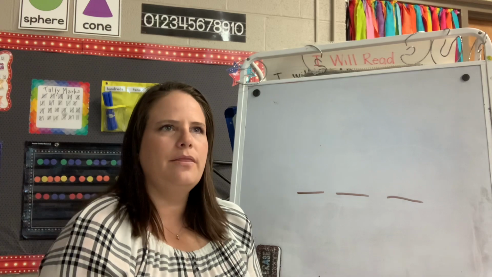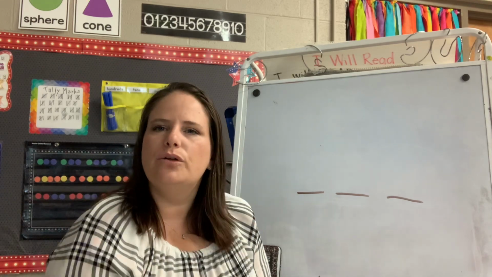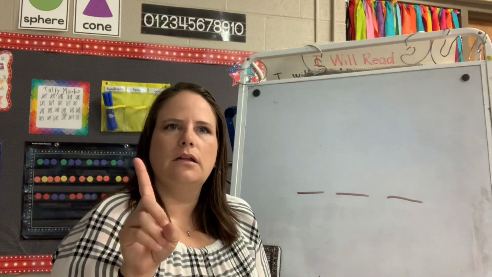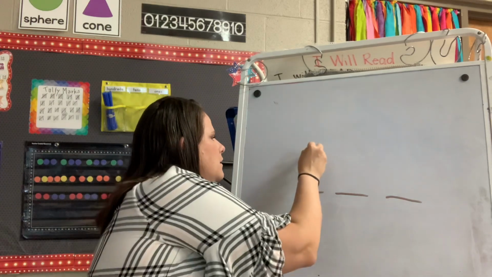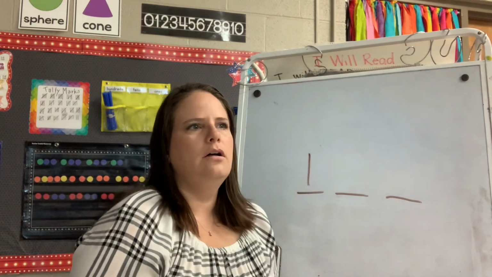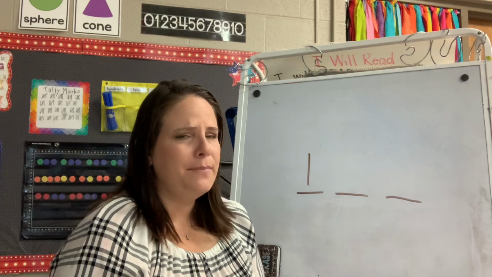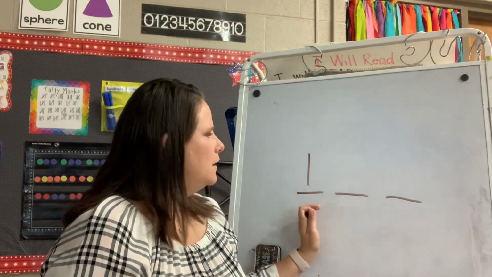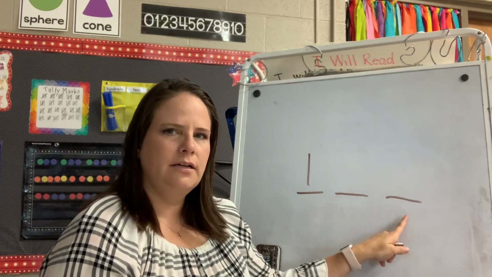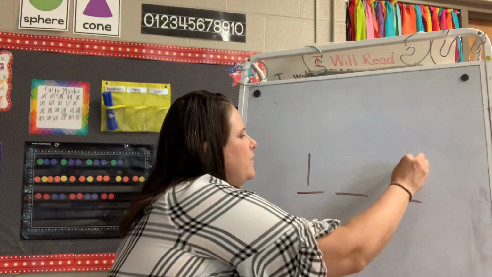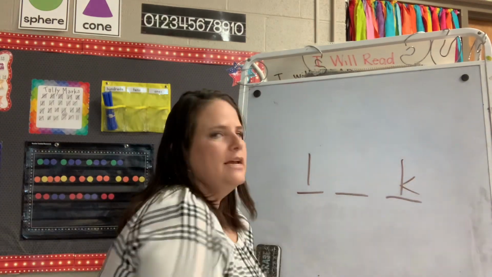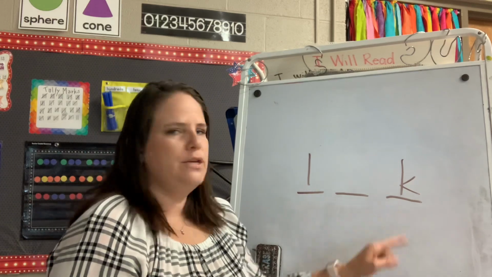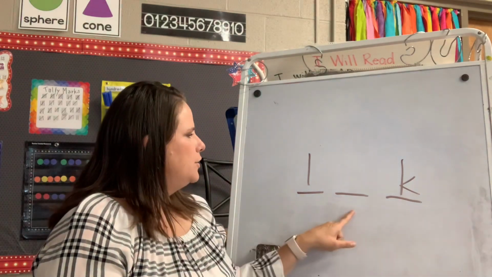All right, let's think about those sounds that we hear. L, oo, k, l. I know L says l. That's kind of a new sound. I'm gonna skip that one. L, oo, k, k is a K for that k sound. C also says k, but in this word, we're gonna use the K. L, oo, k.